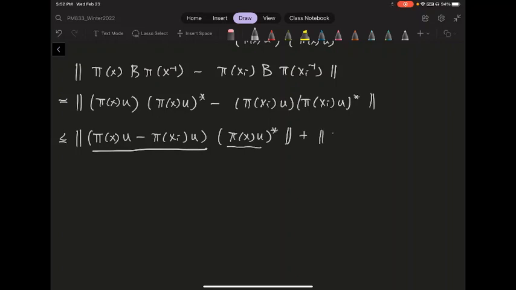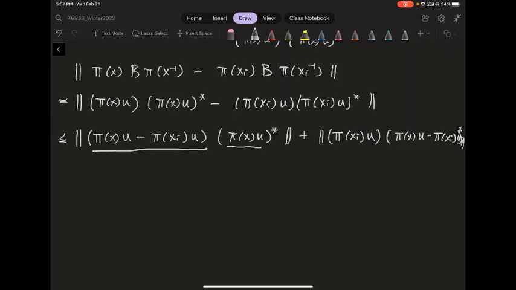So you have π(ξ)u, and then you have π(x)u minus π(ξ)u, this whole thing star, okay, the norm of that. So you break the norm into these two rank 1 operators. The nice thing about rank 1 operators is that their norm is essentially just the product of the norms of these two vectors.